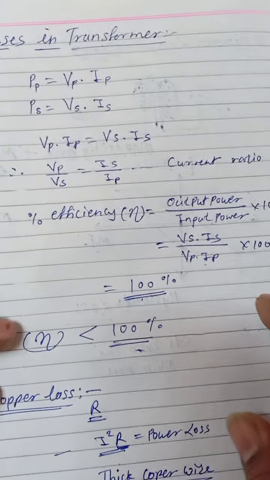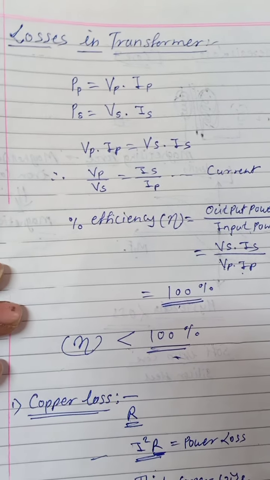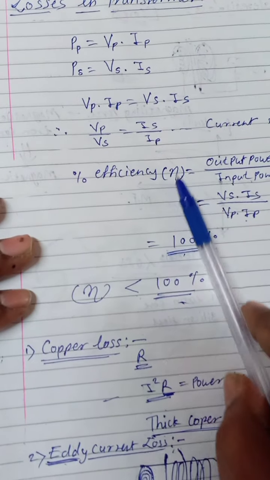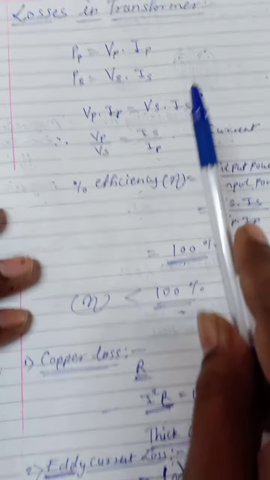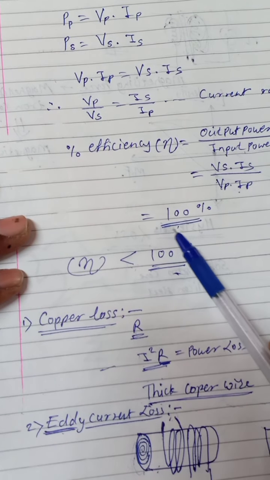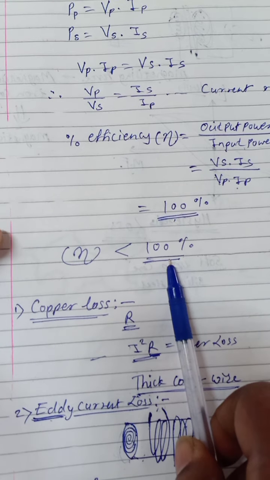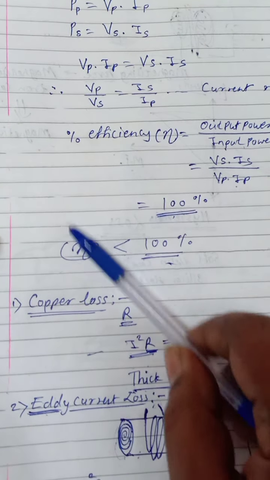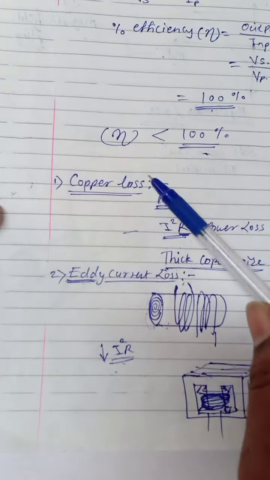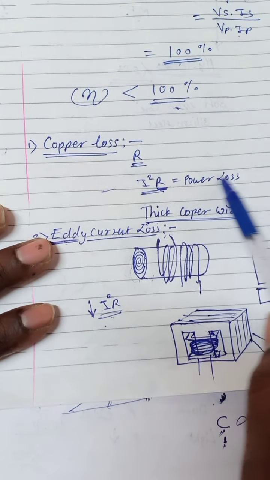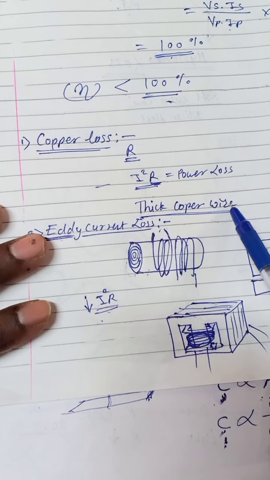So this is all about the losses in a transformer. Because of these losses, efficiency is not 100%, it is less than 100%. That is because of the copper loss, due to the resistance of the copper wire, and it can be reduced by using thick copper wire.